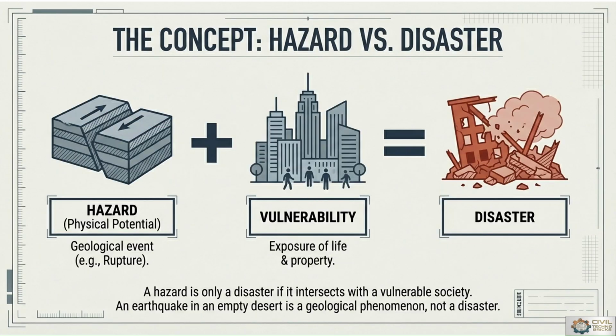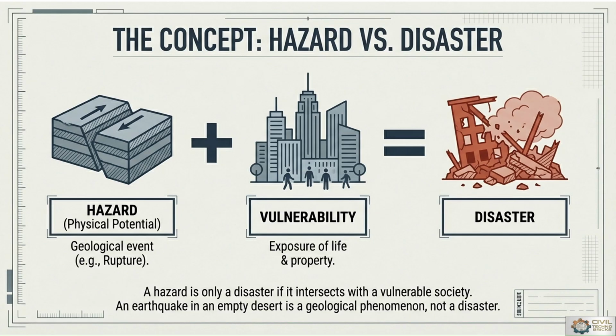Most important point: the concept of hazard versus disaster, and vulnerability. Hazard plus vulnerability equals disaster. Hazard is a physical potential, a geological event such as rupture or sliding. Vulnerability is the exposure of life and property to damage, and at the end, disaster.